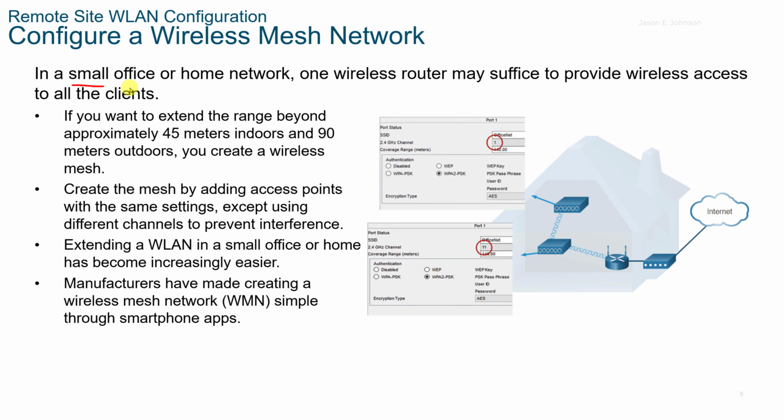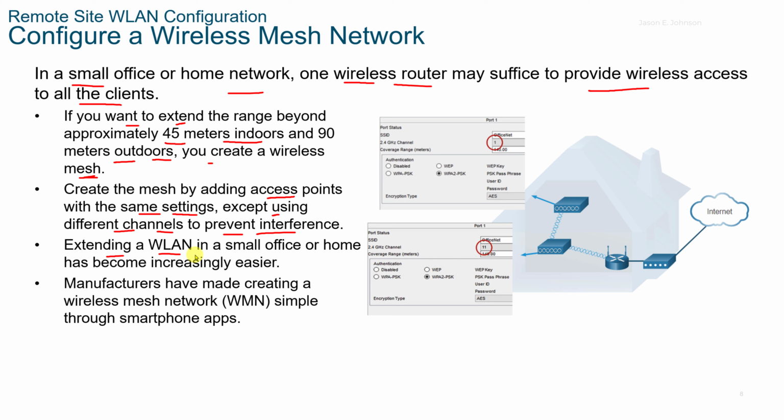In a SOHO, or small office home office, one wireless router may be enough to provide wireless access to all the clients. If you want to extend the range beyond about 45 meters indoors and 90 meters outdoors, you need to create a wireless mesh network. To create a mesh, you add other access points with the same settings, except you use different channels to prevent interference.